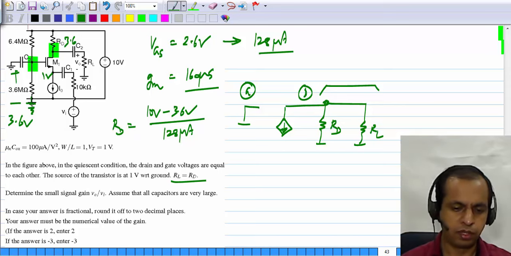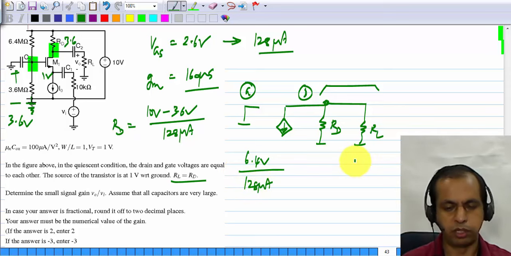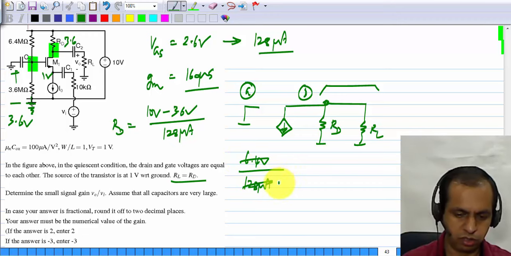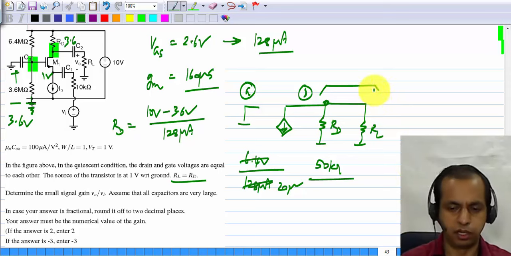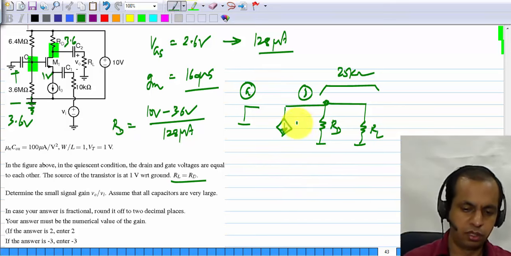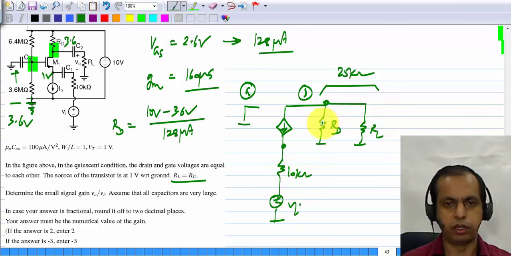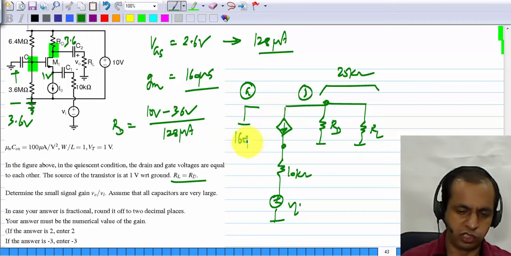So this RD, you will see that it is 6.4 volts divided by 128 microamperes, or basically 50 kilo ohms, and RL is also 50 kilo ohms, so we have 25 kilo ohms there, and effectively 25 kilo ohms. And on the input side we have 10 kilo ohms in series with Vi. And this GM is 160 microsiemens times VGS.